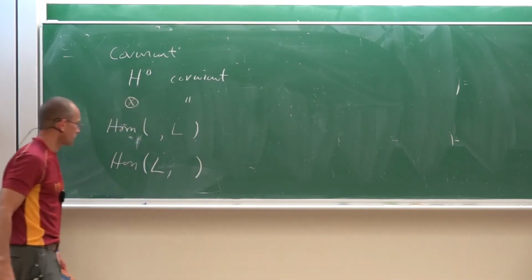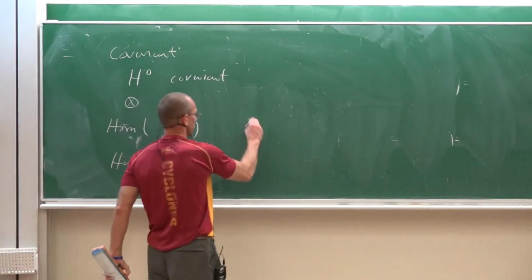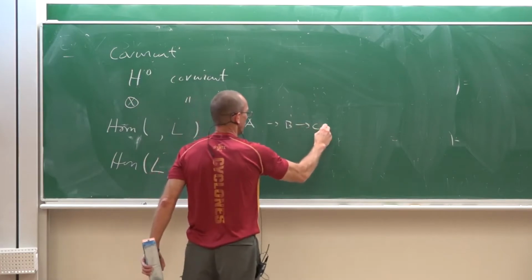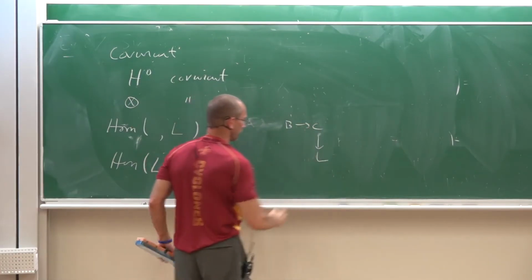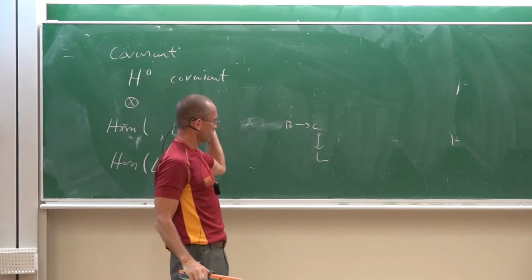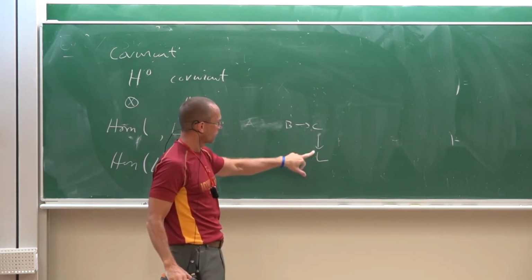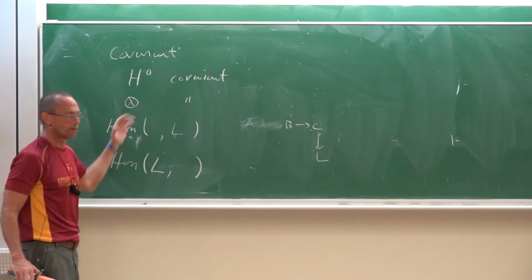All right. So if I take a short exact sequence, or I don't even need an exact sequence, if I have B to C, and I have a map to L like this. So I fixed L. I have a map from B to C in my source category. I have a map from C to L. How do I get a map from B to L? I follow the arrow, right?